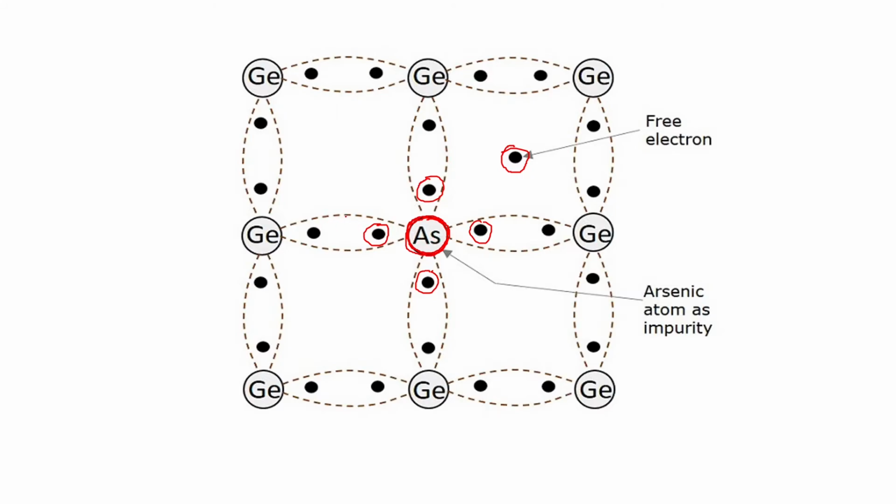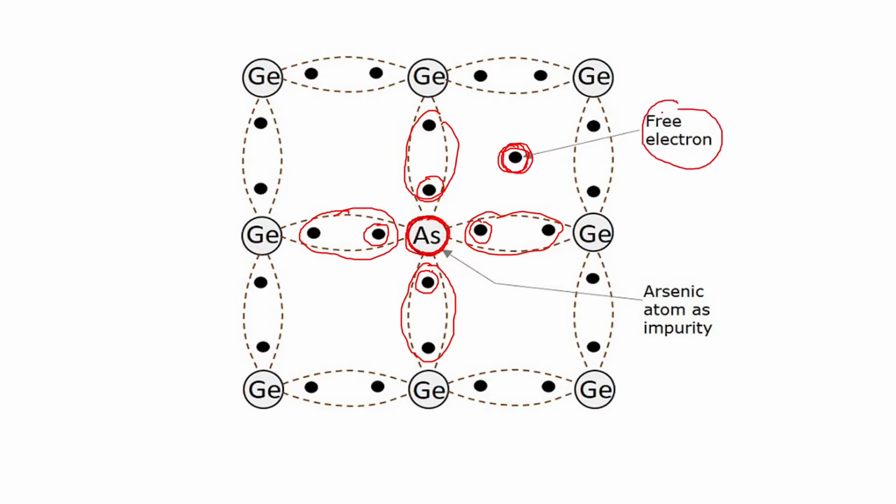Here you can see this is a covalent bond, this is a covalent bond, this is a covalent bond. Germanium has 4 valence electrons, but arsenic has 5, so 1 electron will remain extra. That extra electron is called a free electron.